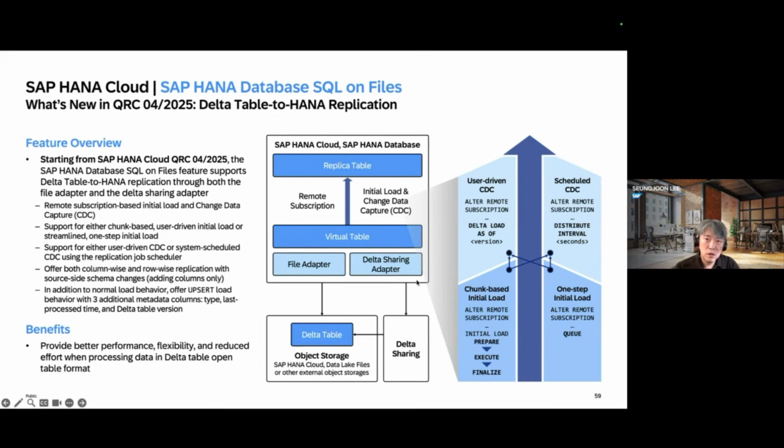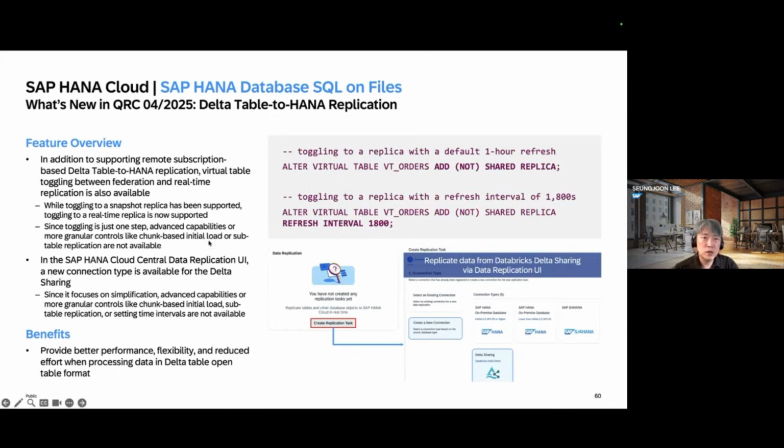In addition to the remote subscription interface, we also offer two new interfaces. One is the virtual table, which is already available for other remote sources, but with Delta to HANA replication, you can also toggle a virtual table into a replica by adding a system-owned replica or user-owned replica using this command line, and also this SQL statement.